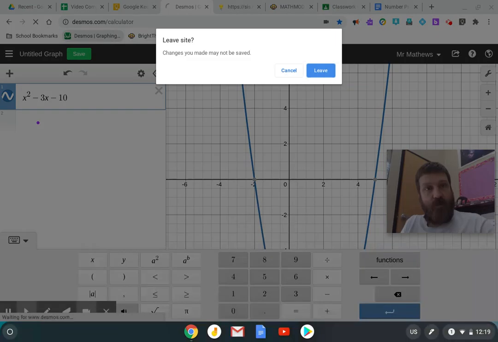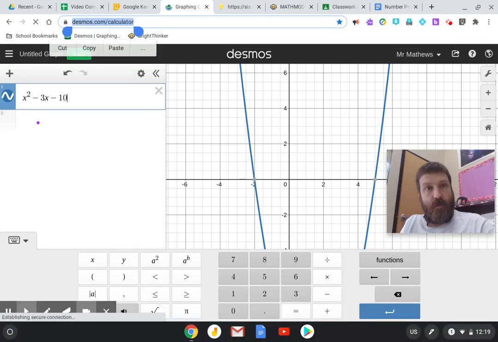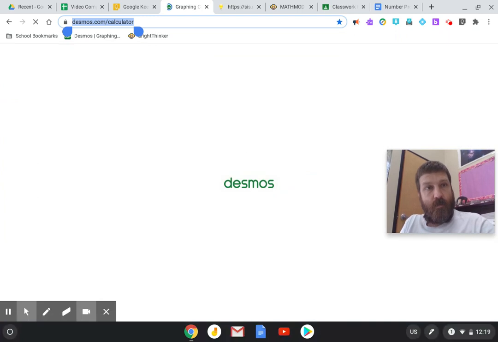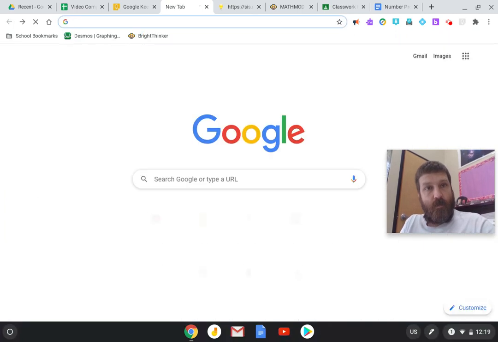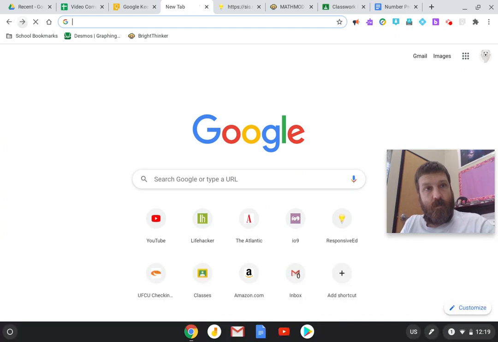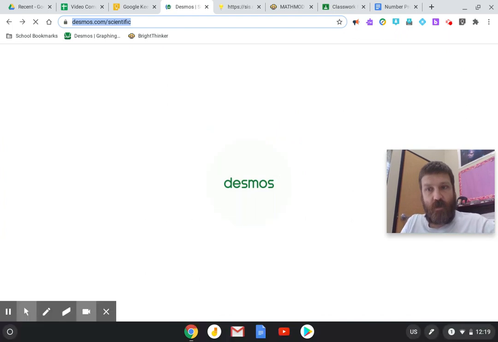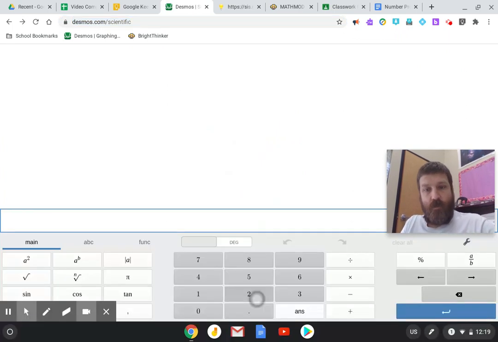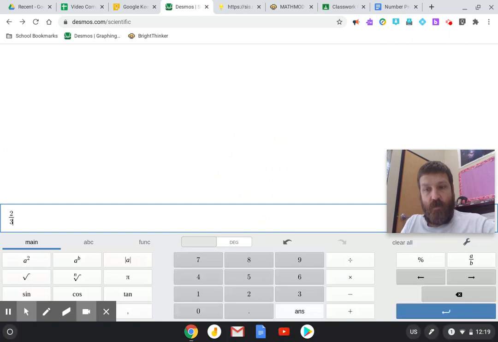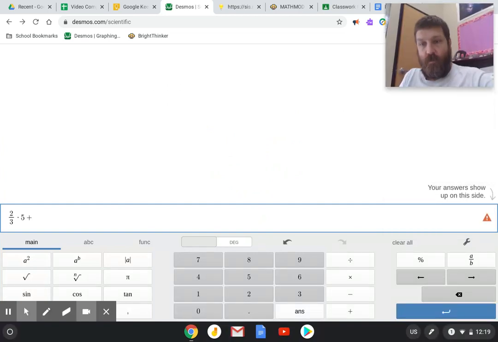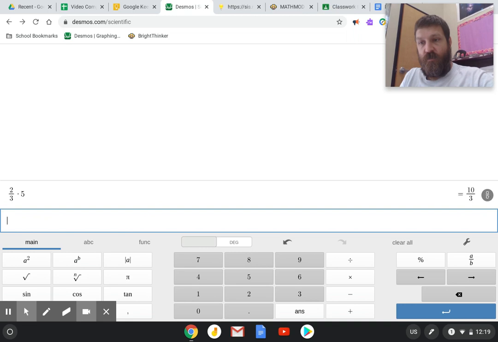I'm actually going to jump over to the scientific calculator. 2/3 times 5. I can turn this into a fraction by pressing right there. 10/3. That's also 3 1/3, but 10/3 is what we get.